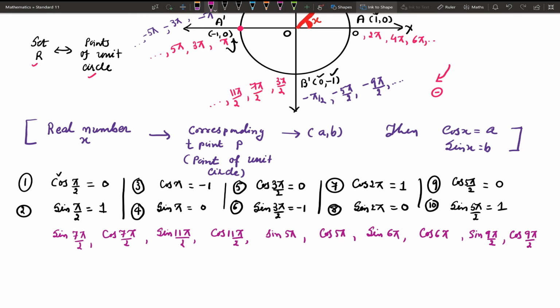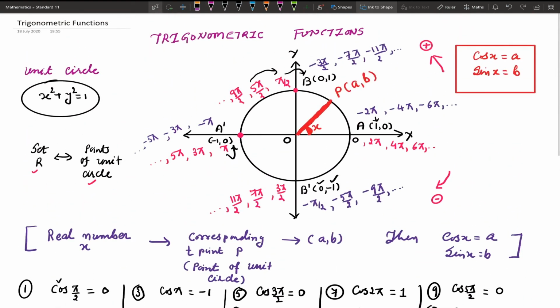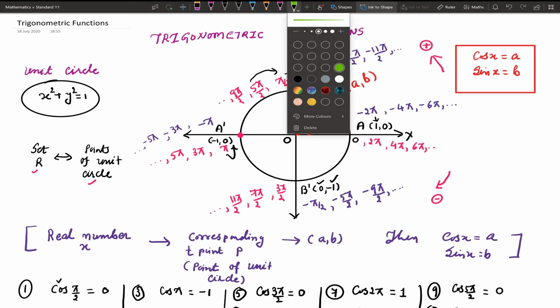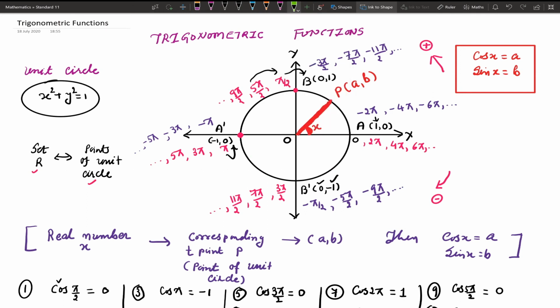So again, if for real number x the corresponding point of the unit circle is P (a, b), then the x coordinate indicates the cos function, so cos x equals a and sin x equals b.